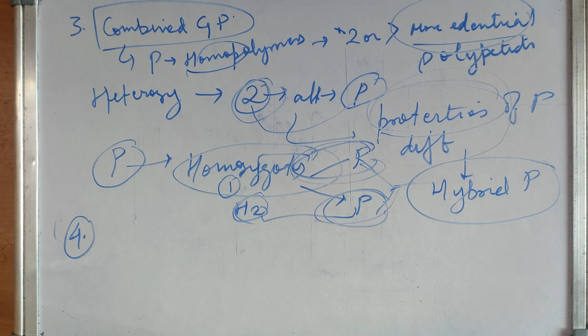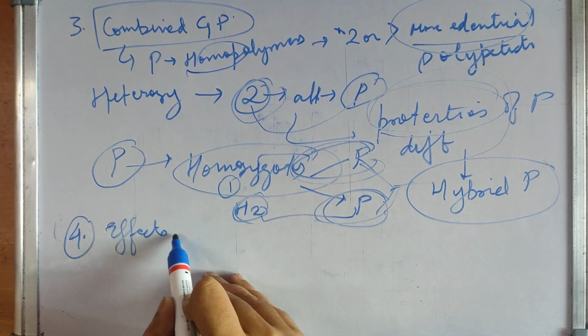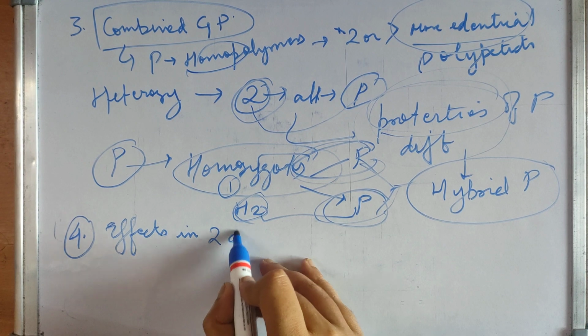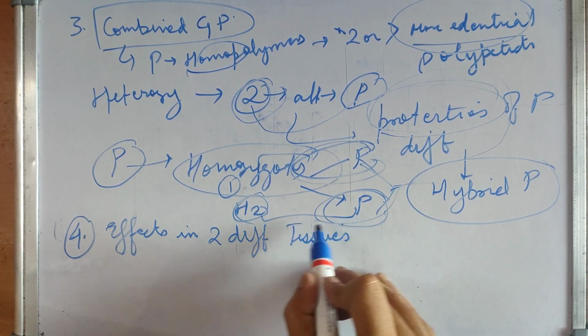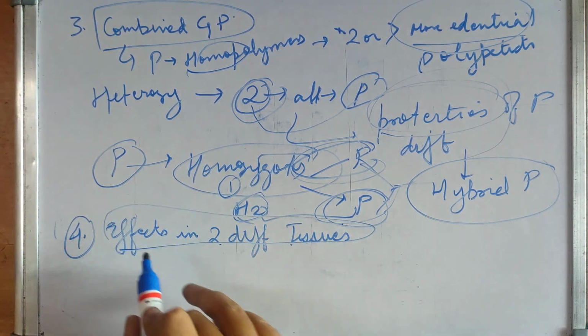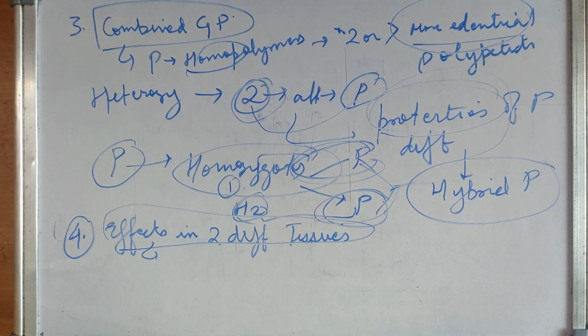Now moving to point number 4, that is effects in two different tissues. In some cases heterozygote superiority may arise in a somewhat strange manner.